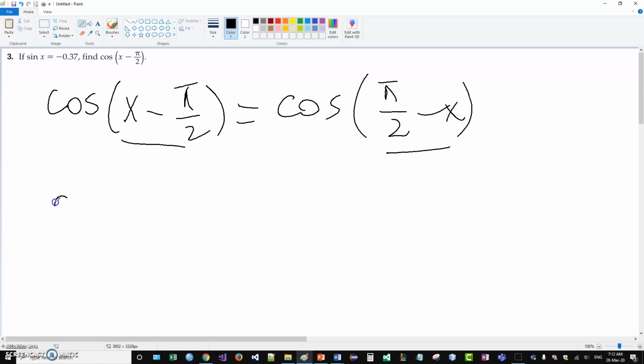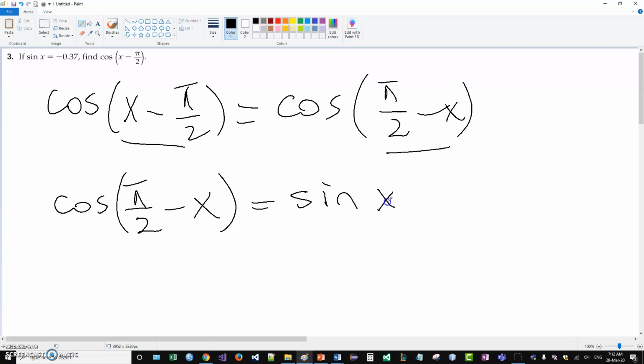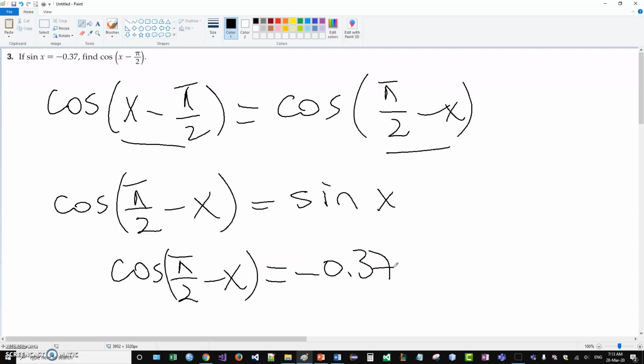Now at the same time, cosine of pi over 2 minus x, according to the cofunction identities, equals sine x. Alright? Now we're given that sine x is minus 0.37. That means cosine of pi over 2 minus x equals minus 0.37. And that's it. Please pause the video and try to do this yourself.